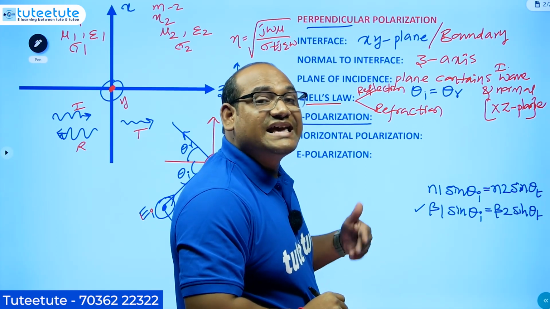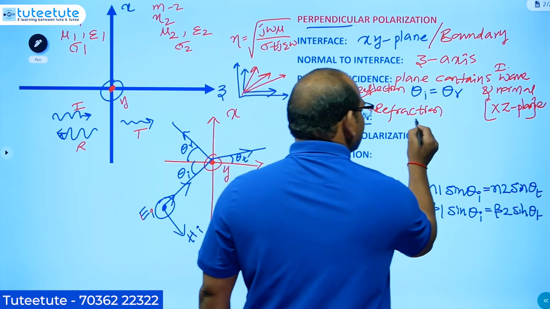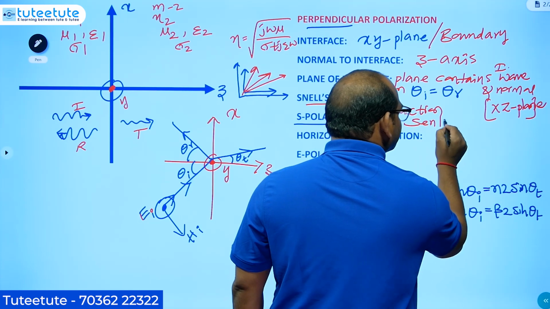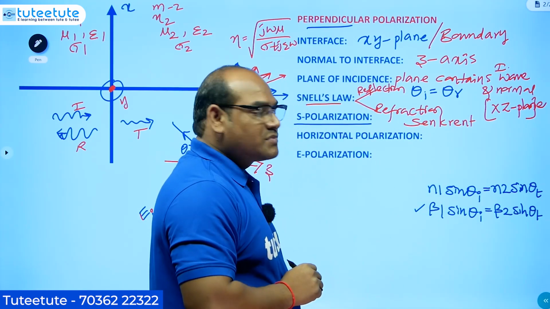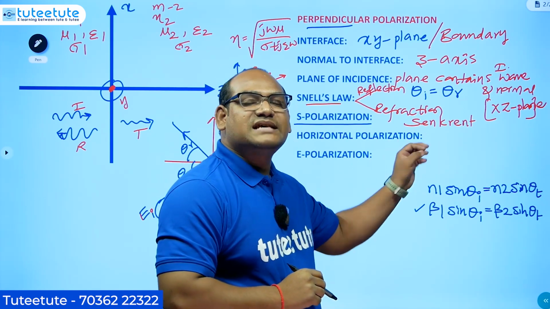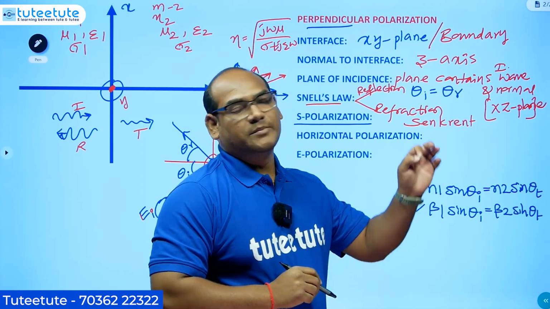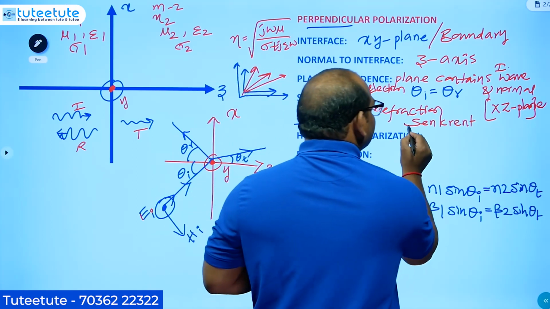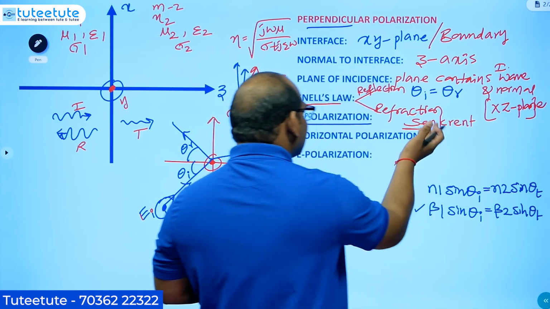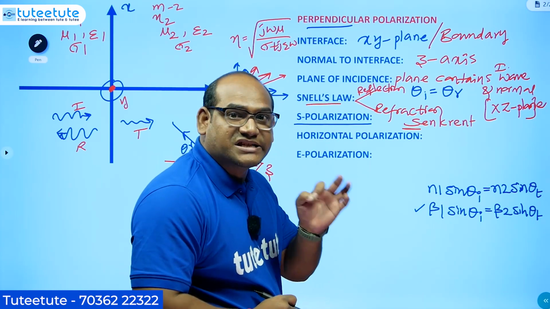What does S polarization mean? Senkrecht. What is this? It is actually a German word. The meaning of this one is perpendicular only, and from this particular word they have taken S, and that is why it is called S polarization.